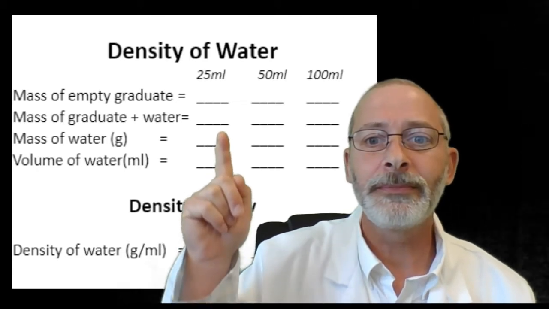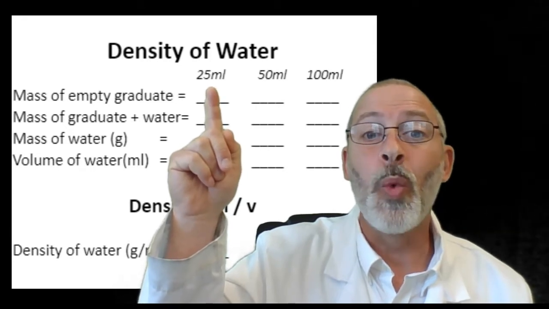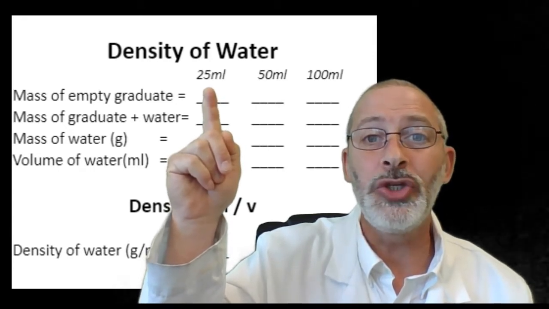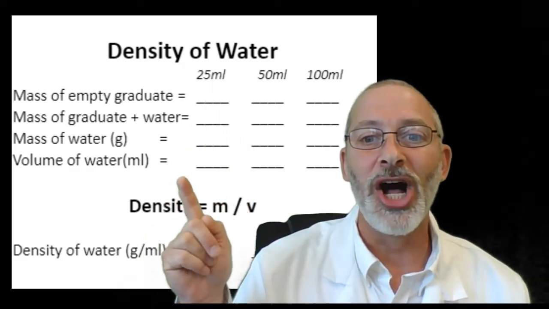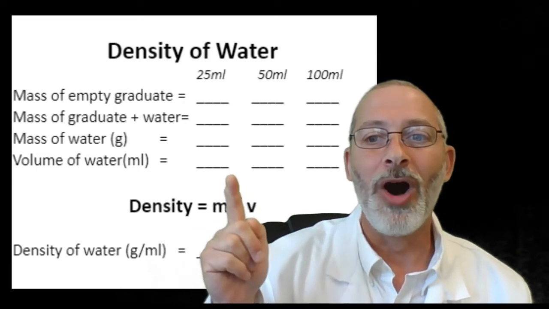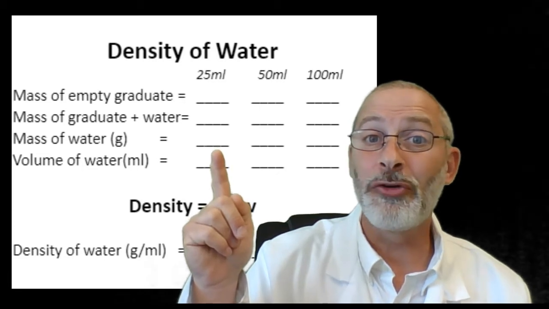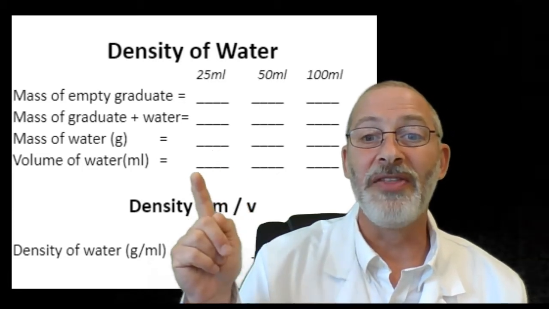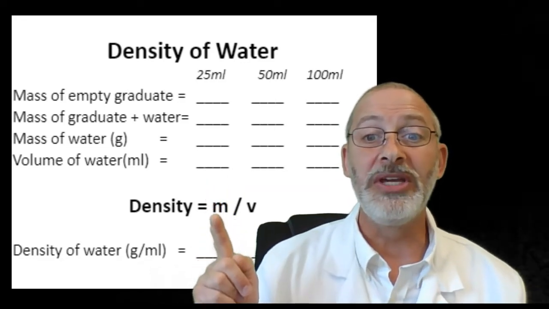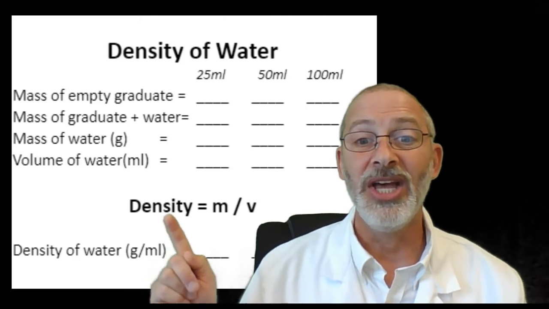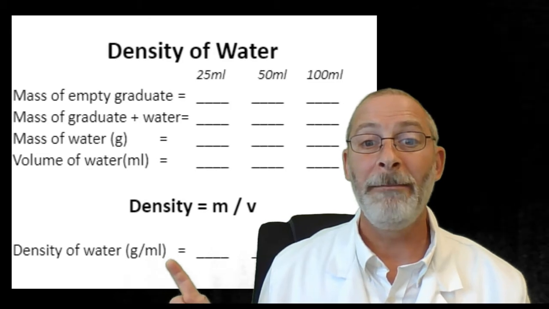Look at the top of the column. How much water were we supposed to put into the graduate? So what do you think is the volume of water? So the mass, 25 grams, divided by the volume, 25 milliliters, will give us the density of water in the units grams per milliliter.